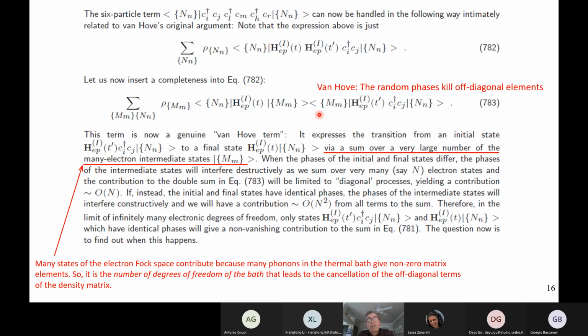If I have only few electrons, then I have a few phases, and then this random phase cancellation cannot be used anymore. So in a quantum dot with 10 electrons, I don't know, with 10 perhaps is already a large number, but with few electrons, with 3-4 electrons, then you cannot use a master form of the collisional operator to describe the approach to equilibrium.